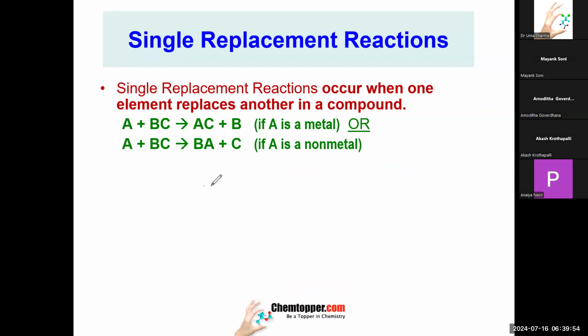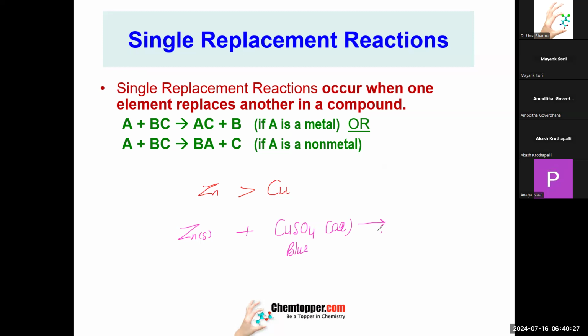If I say zinc is more reactive than copper, so there is zinc metal and there is copper sulfate, aqueous. Aqueous copper sulfate is blue in color. They say after the reaction, the blue color disappears. Can you give me the products?